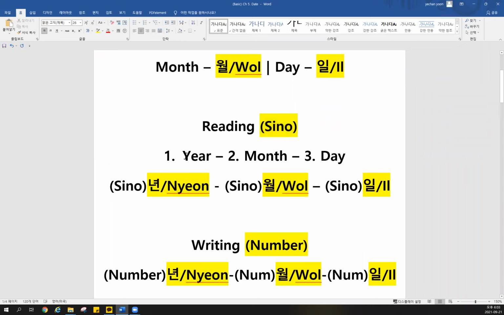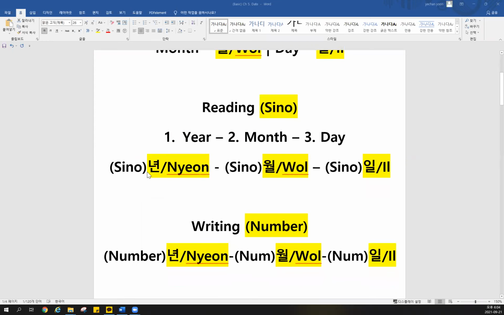The format is the Sino number plus 년, then the Sino number plus 월, then the Sino number plus 일. This is how you read it. So please don't forget this format.